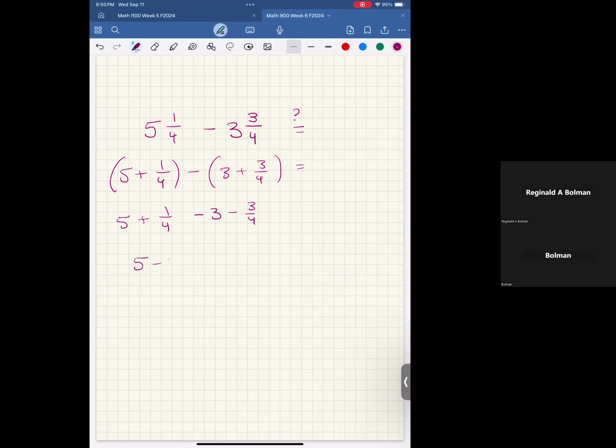Moving your terms together, you have 5 minus 3. But now we have 1/4 minus 3/4. 5 minus 3 gives you 2. 1/4 minus 3/4 gives us negative 2/4, which also equals negative 1/2.